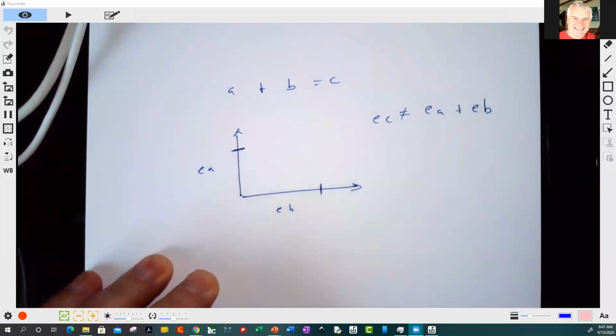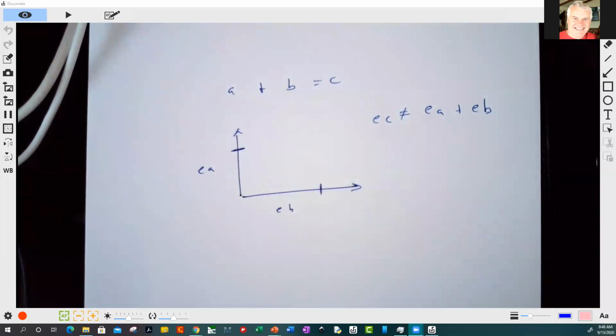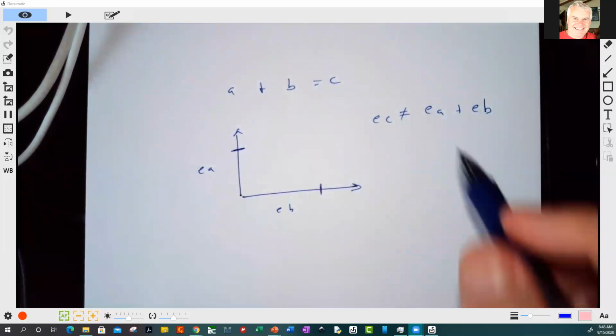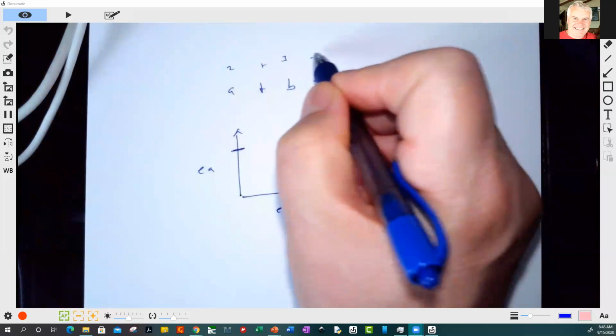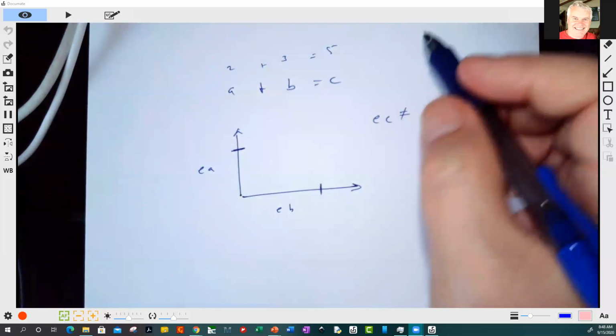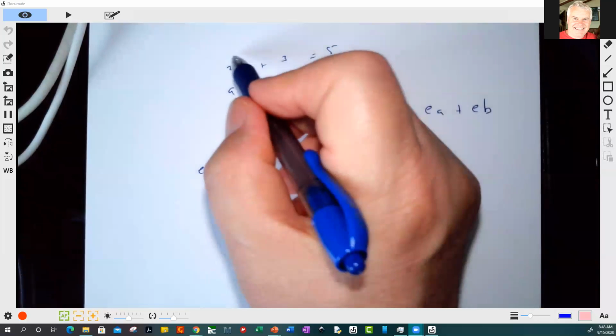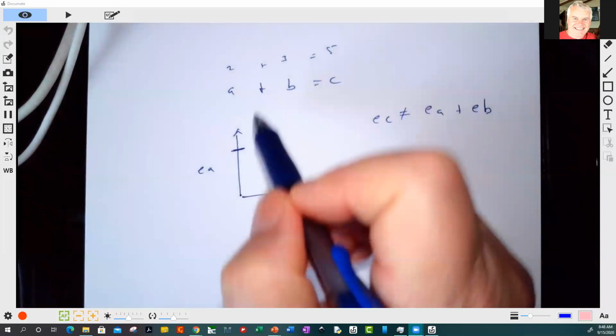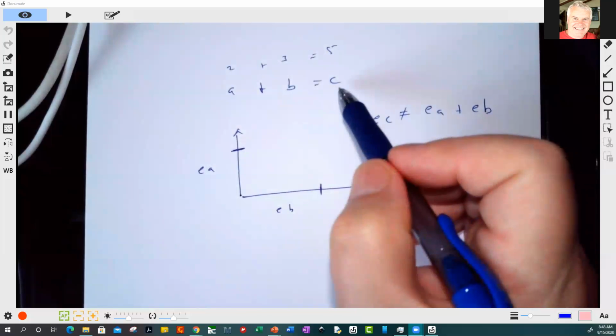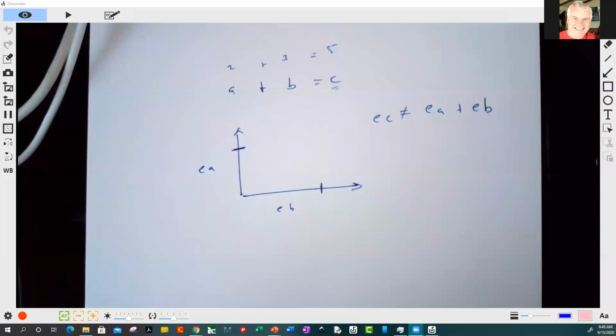A lot of times their actual values will cancel. A might be 2 plus 3 equals 5, and if E sub A is positive 1 and E sub B is negative 1, they'll cancel, and the error in C will be 0 in that instance, right?